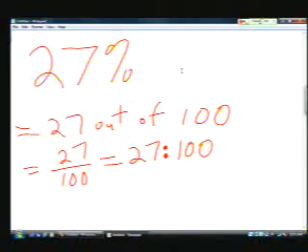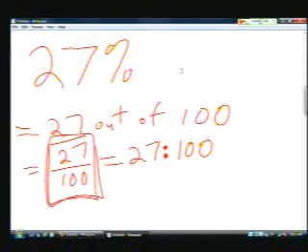We don't use ratios really often, but once in a while, especially in the gambling world, they'll use ratios. But I like ratios usually written as 27 over 100, because then I just save the step of converting a ratio into a fraction.